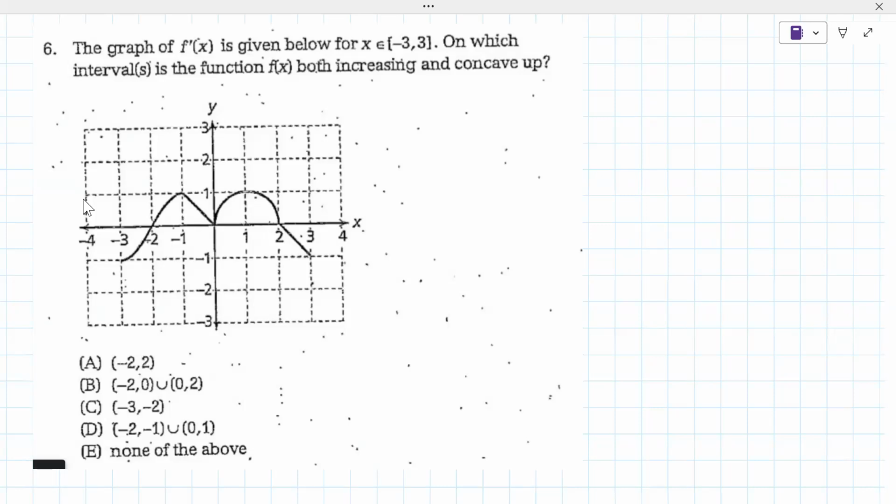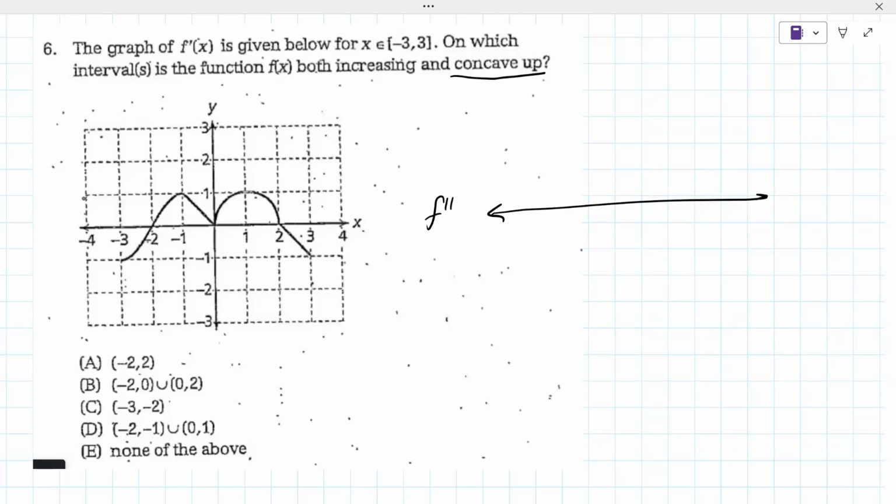So let's look for concave up. What do you remember about concave up and the second derivative? Wait, you said when is it concave up? Yeah, for the second derivative, what are you looking for?